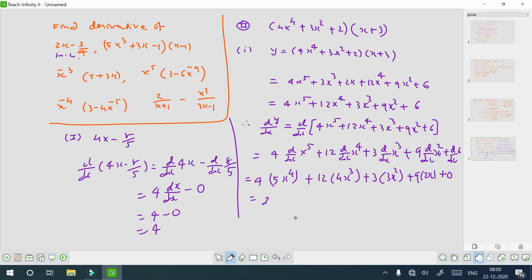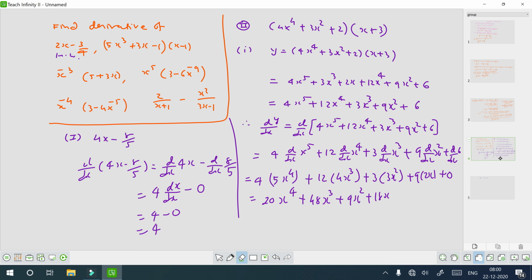Ultimately comes out 20x raised to 4, 48x cube, 9x square plus 18x plus 0. I know answer આવે. This is the first way.